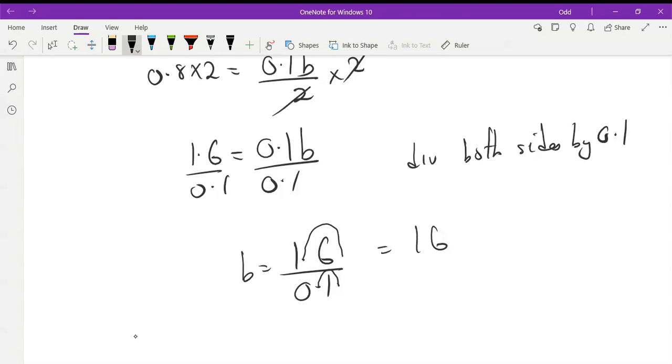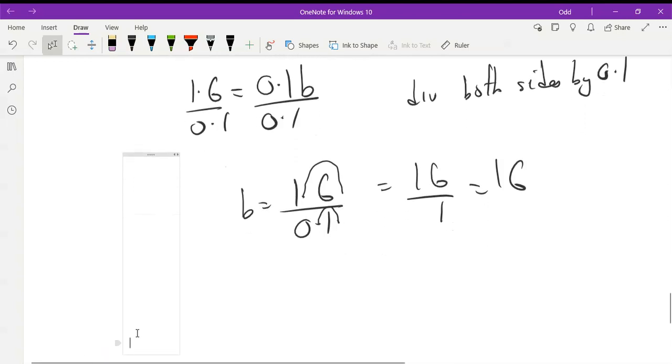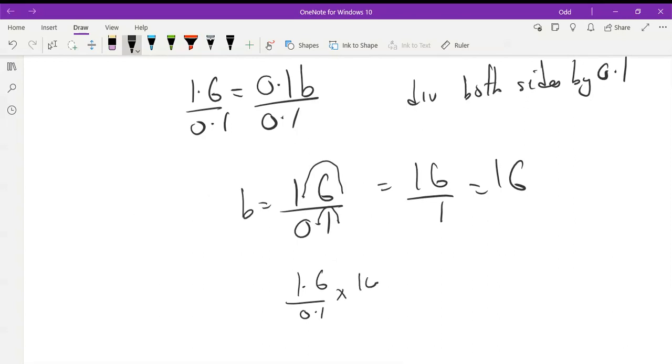That will be 16 over 1, which is 16. Or you can say it like this, 1.6 over 0.1. Multiply by 10 for both the top and the bottom. 1.6 times 10 is 16. 0.1 times 10 is 1. You still have 16. So the base is going to be 16.